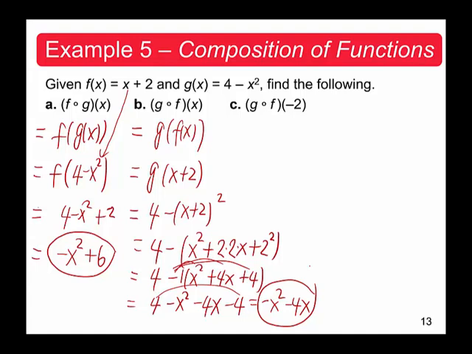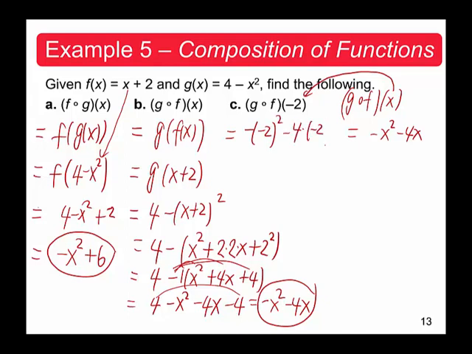And since we know this composition function g composite f of x turned out to be negative x squared minus 4x, all we have to do is replace x here with negative 2. So x becomes negative 2, so it's negative 2 squared minus 4 times negative 2.